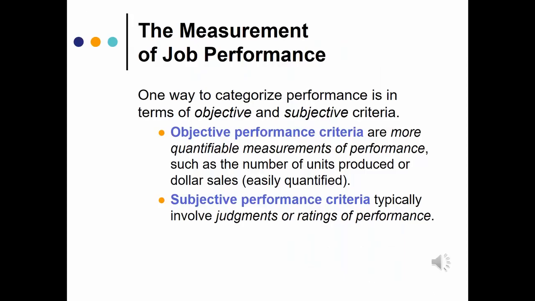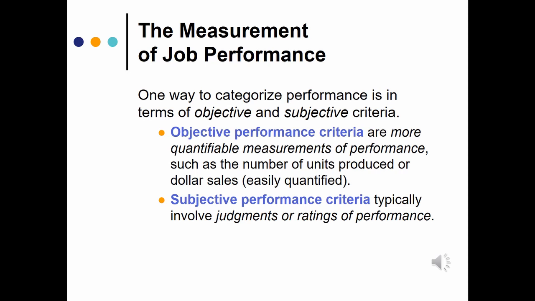The job performance of individuals can be assessed in many ways. The most common procedures can be divided into two categories. The first one is objective performance criteria, and the second one is subjective performance criteria.